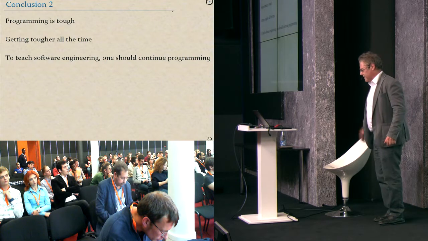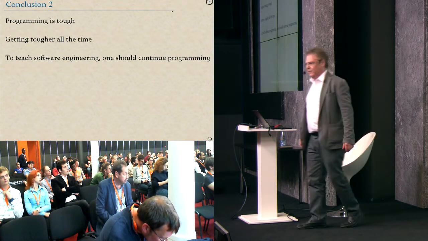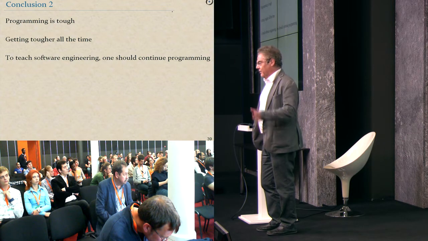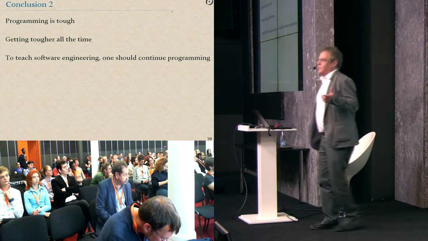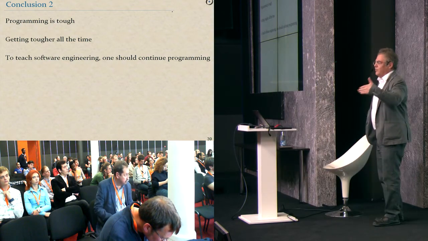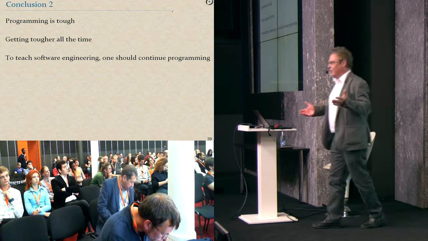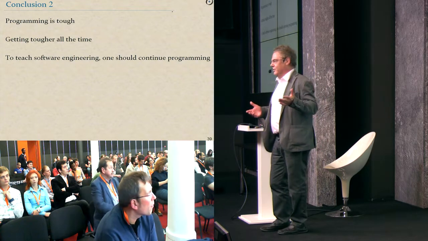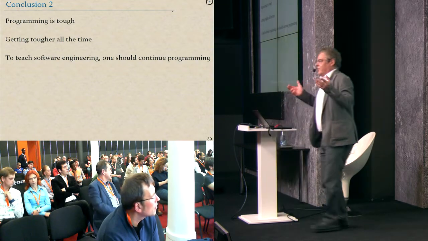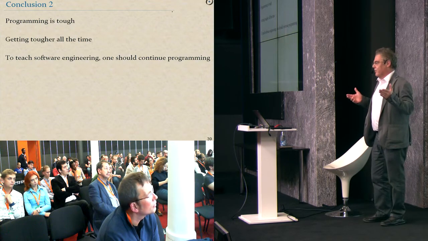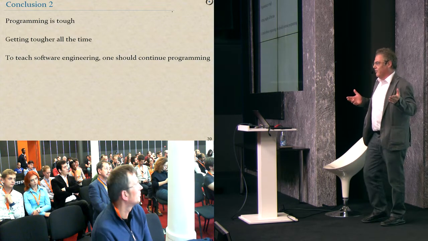And I heard yesterday in one of the panels the comment that programming is only one sixth of software engineering. That's true. On the other hand, the criticism is, why do we talk so much about programming here at this conference when it's only a small part of software engineering? Yeah, sure. But it's like saying that in Formula One racing, cars are only a small part of the whole organization.